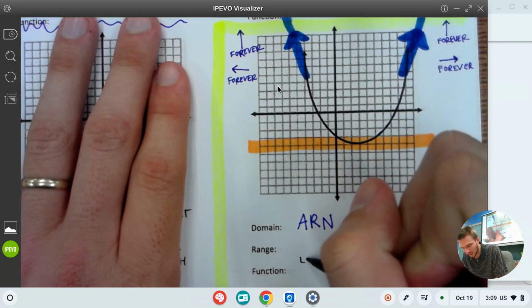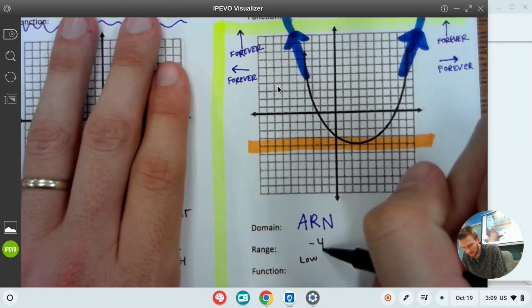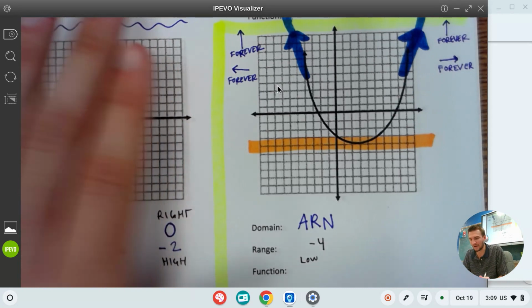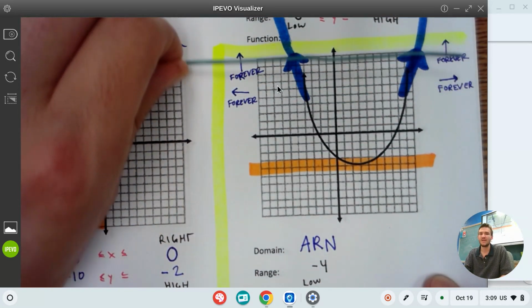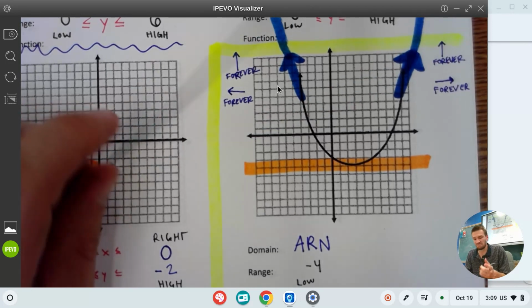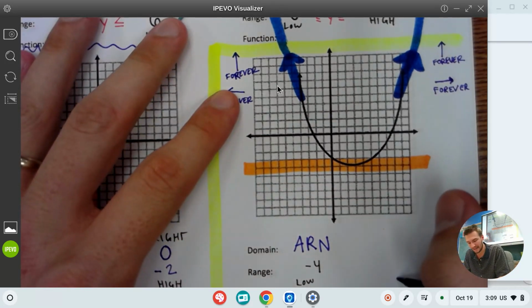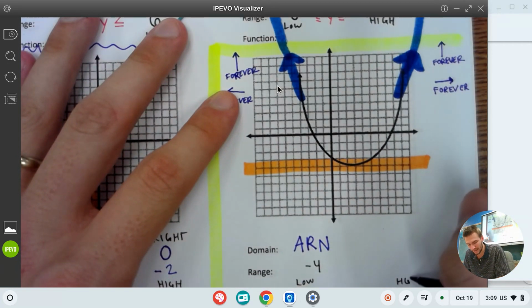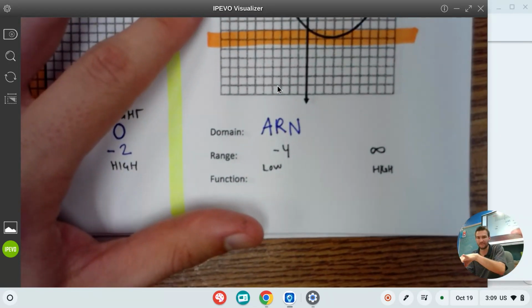What is the lowest number that I can find my graph? -4. And what is the highest number that I could find my graph? All real numbers. All real numbers also includes the low numbers, so we can't quite put that. I like how you're thinking. What we can put is infinity, a little infinity symbol, because we go up forever.